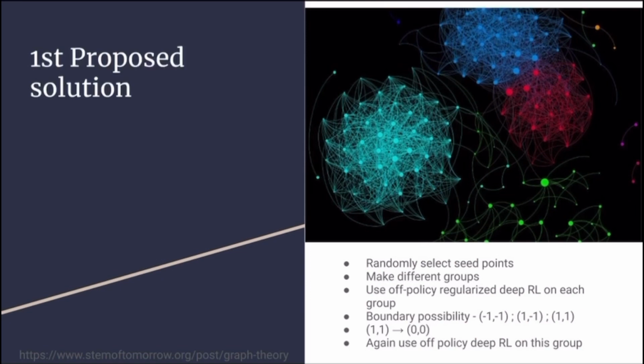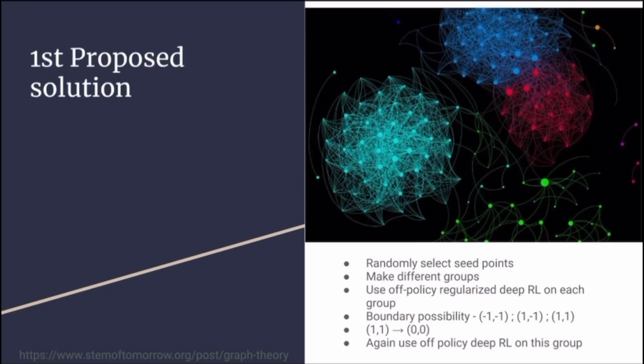So once we get those boundary edges, by boundary edges I mean a node whose adjacent neighbor is in another group, so that edge is cutting the boundary of those groups. So for that 1, 1 edge, we are going to assign the value 0, 0 to both of the vertices.